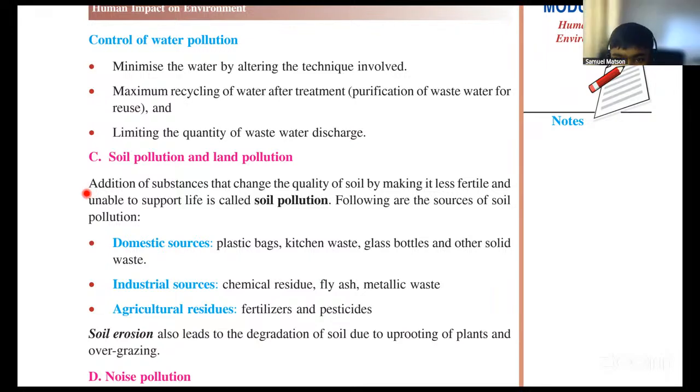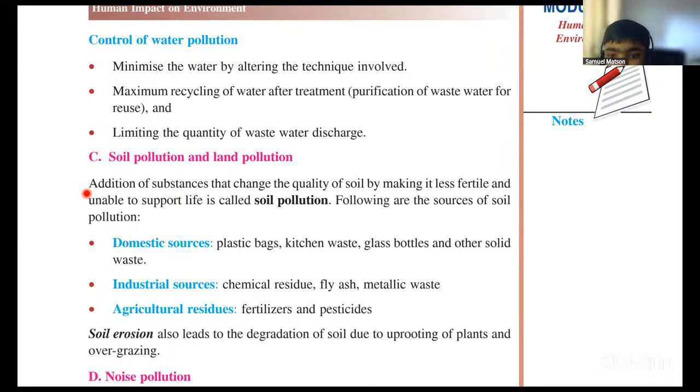Addition of substances that change the quality of soil by making it less fertile and unable to support life is called soil pollution. Following are the sources of soil pollution. Domestic sources: plastic bags, kitchen waste, glass bottles, and other solid waste. Industrial sources: chemical residue, fly ash, metallic waste.